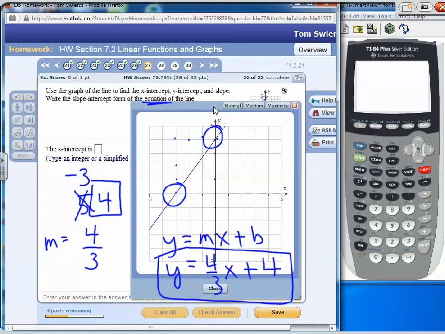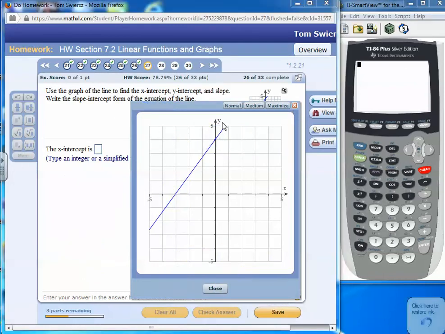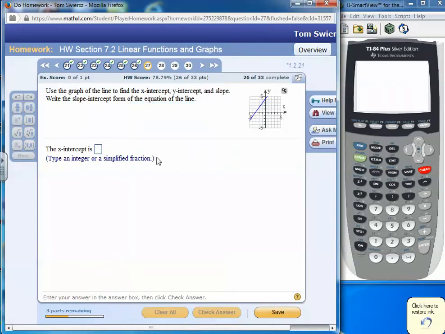All right, let's go ahead and put those in. Make sure we got them correct. Okay. The x-intercept was -3.